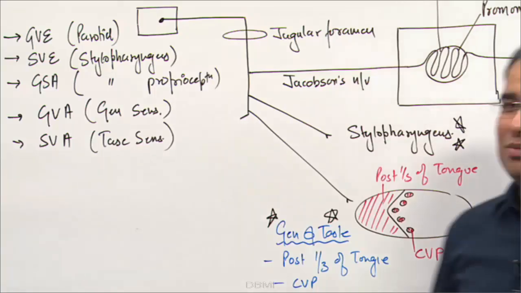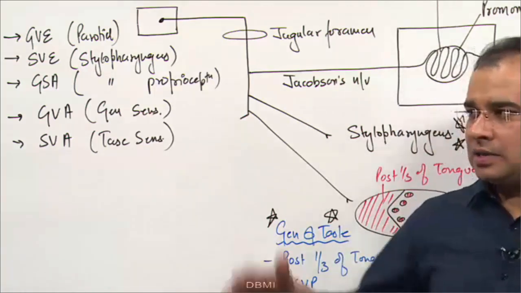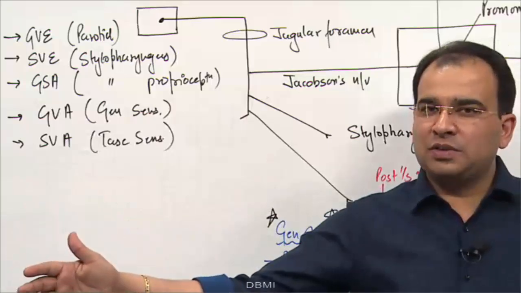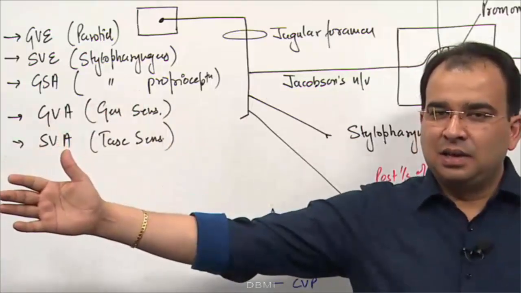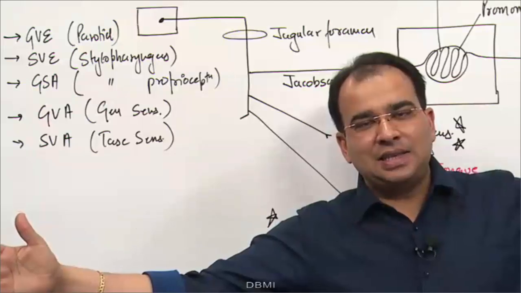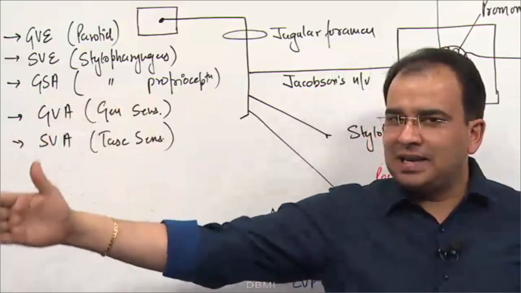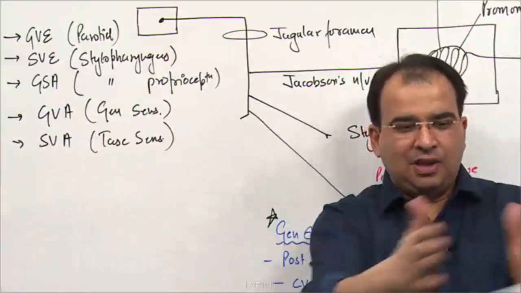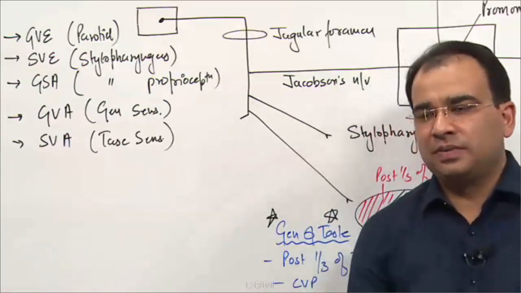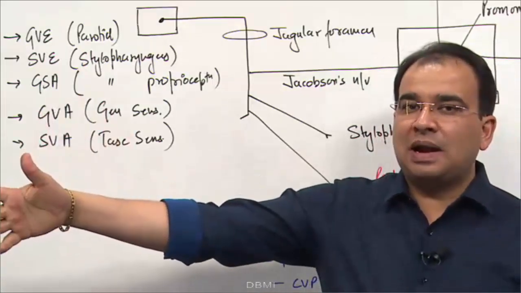The easier way to remember, from an MCQ point of view, is: except the first column and the last column. What was the first column? GSE. And what is the last column? SSA. So except GSE and SSA, everything is related to the glossopharyngeal nerve. First was GSE, general somatic efferent.